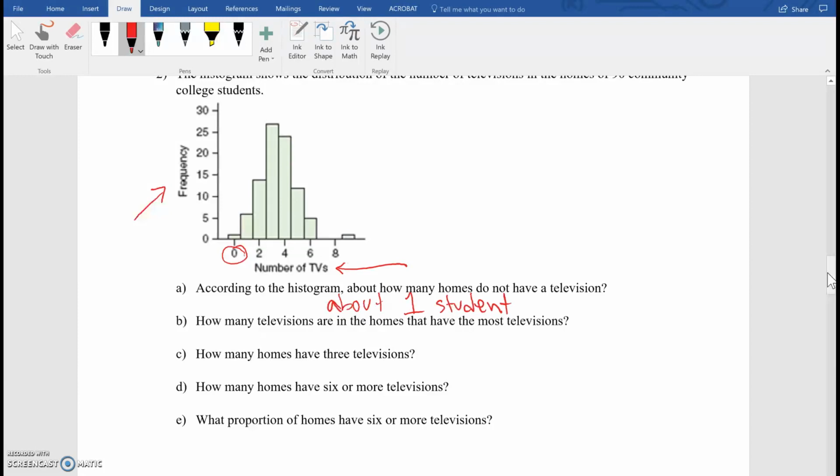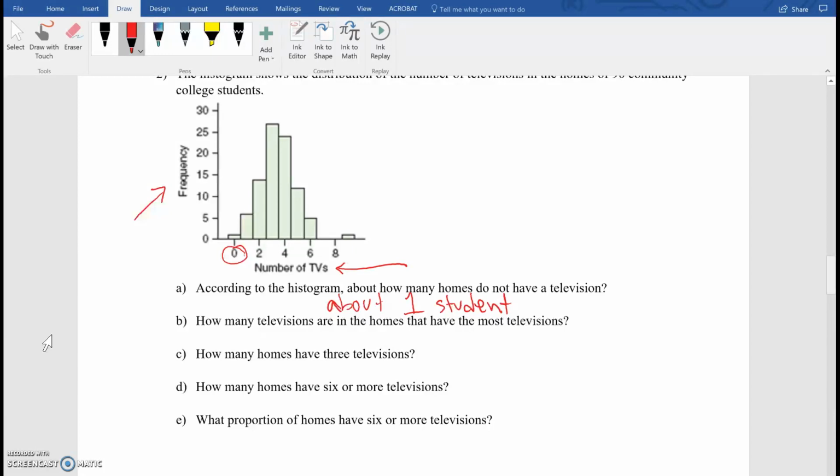Part B. How many televisions are in the homes that have the most televisions? That's kind of weird. How many televisions are in the home that has the most televisions? Let's think about that a little bit. It's kind of a play on words.